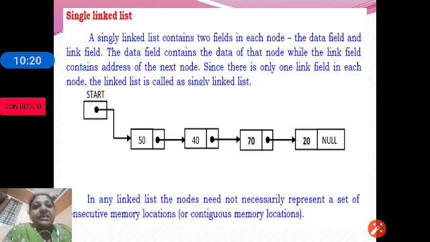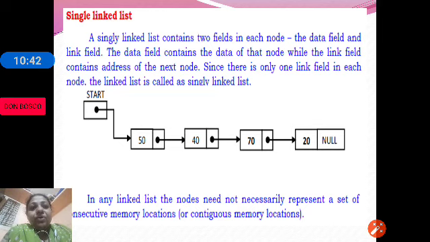A singly linked list contains two fields in the node, the data field and the link. Since there is only one link, we call it singly linked list.